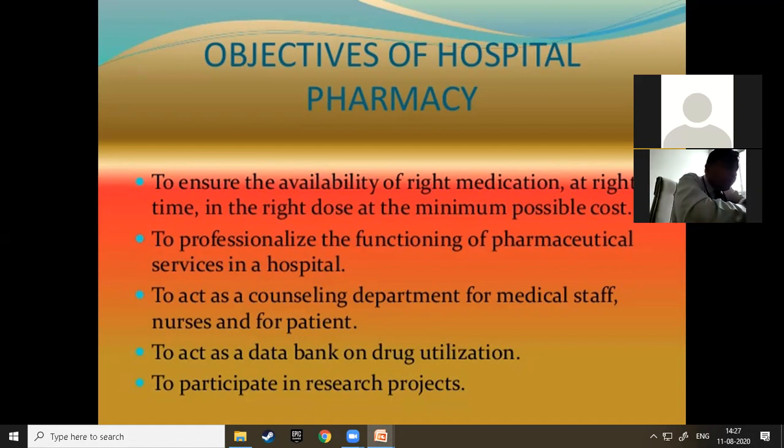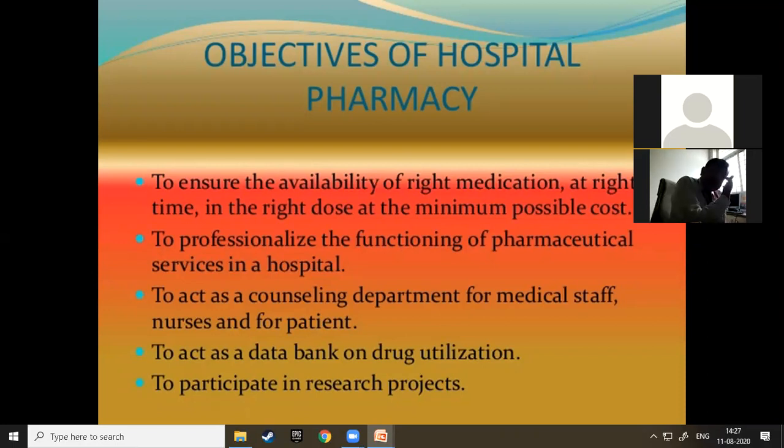In between, the pharmacist is a chain, or a key. Now, next is to act as a data bank of drug utilization. Hospital pharmacists also have an important role in maintaining data.